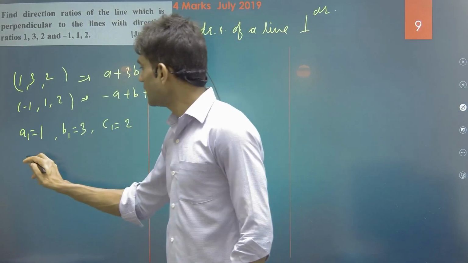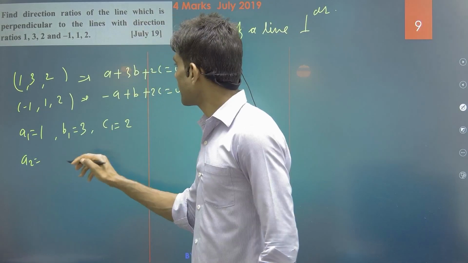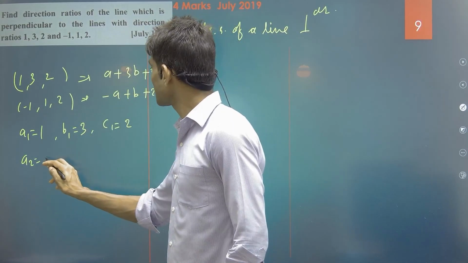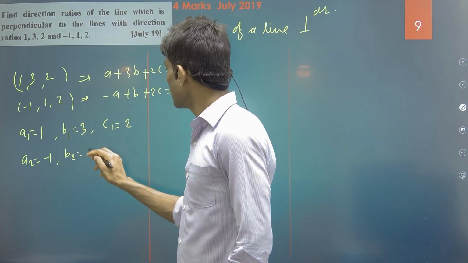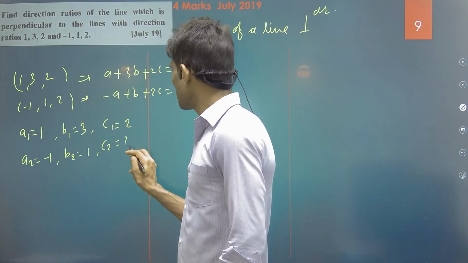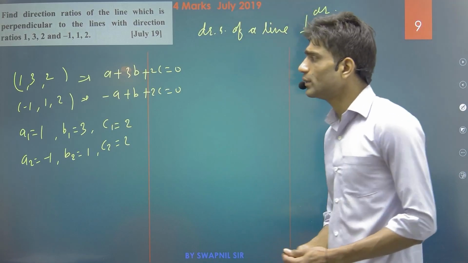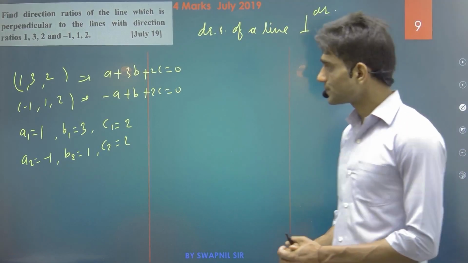Similarly a2 is minus 1, b2 is equal to 1, and c2 is equal to 2 here. a1, b1, c1 and a2, b2, c2 are all what we have here.